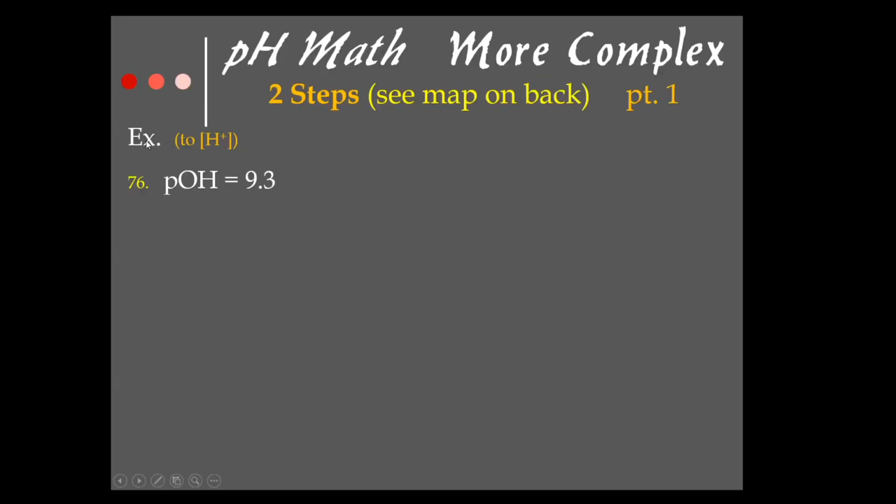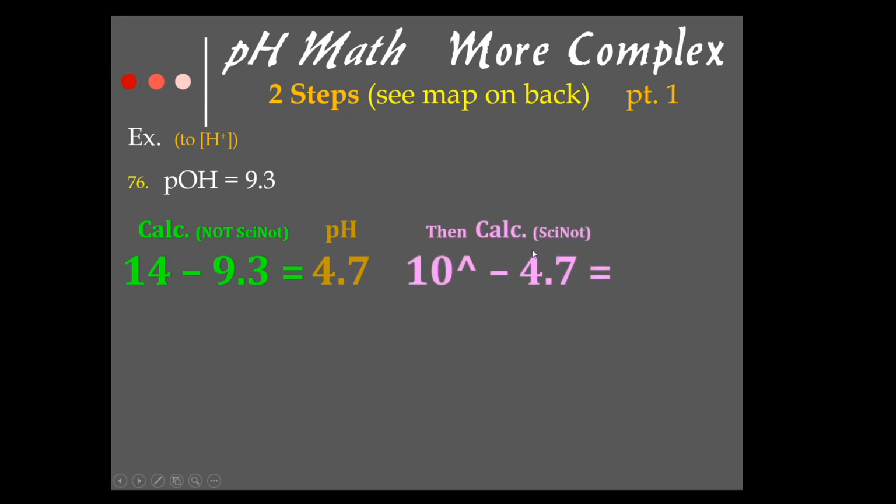In this case, if I want to go from pOH to H+, I start by changing it over to pH. That's my first step. Then I calculate it in scientific notation to get my answer of concentration of H+.